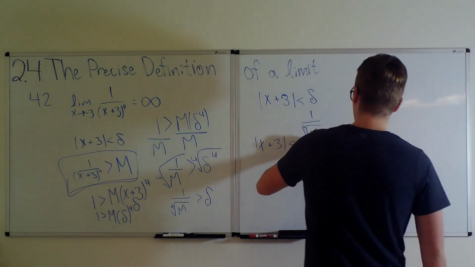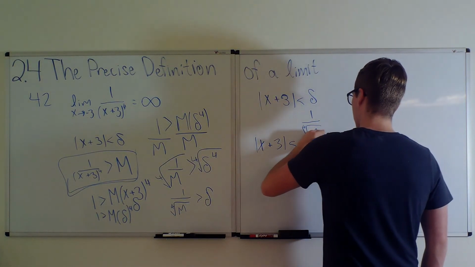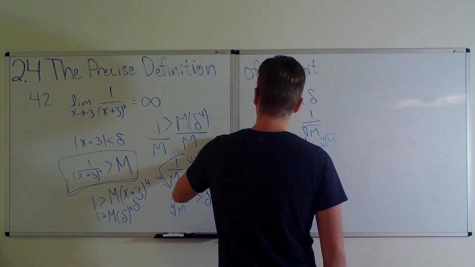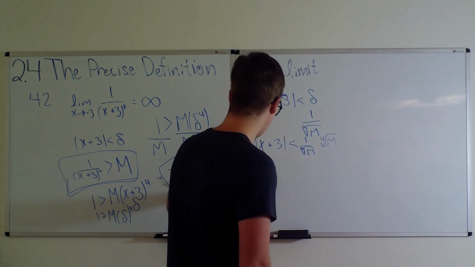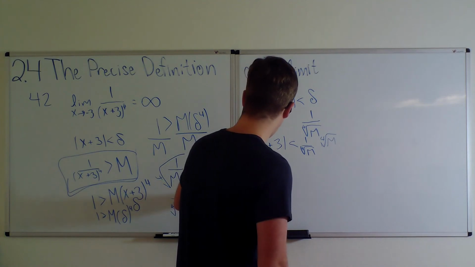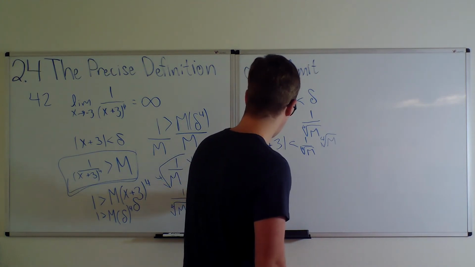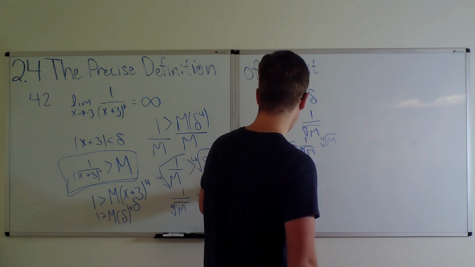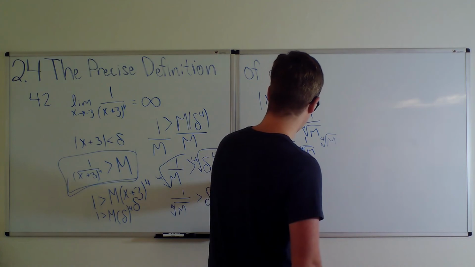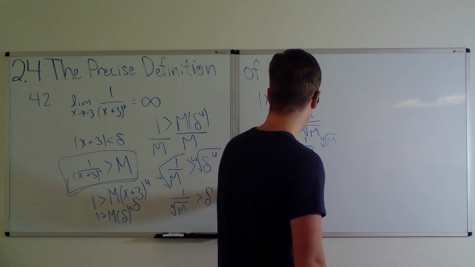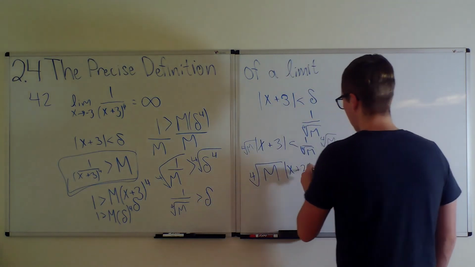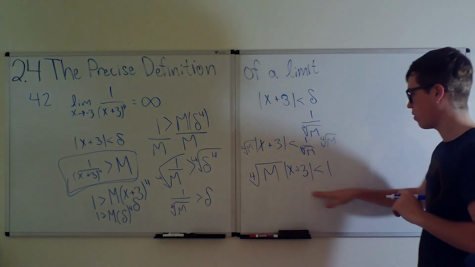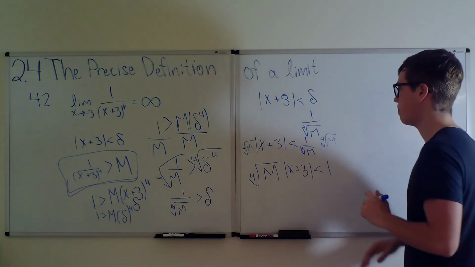So then we'll start by multiplying the fourth root of M on both sides, right? So then we get the fourth root of M times |x + 3| less than 1, right? So this is all looking good. It's all less than 1.